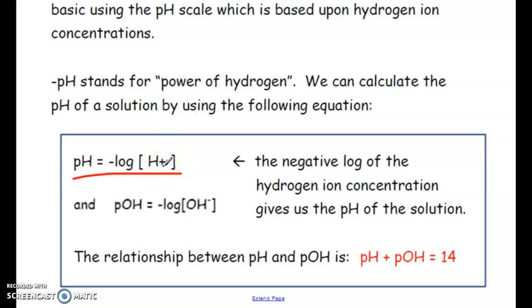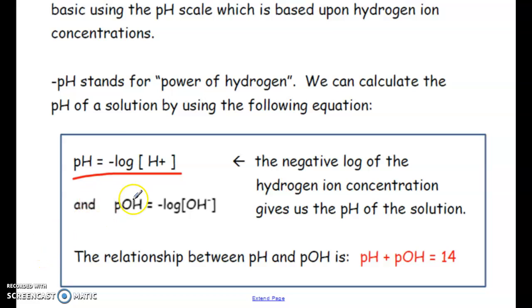So everyone should be using a scientific calculator at this point in time. You have a button on there that has log. So that is a logarithmic scale. You're telling your calculator to calculate this in logarithmic scale values. You'll learn more about how that actually functions in math class. So we're not going to go into details. You just need to know for chemistry, where do you find the button?